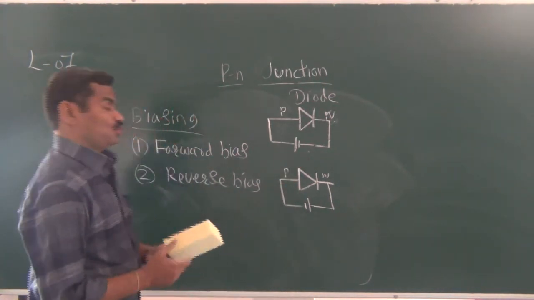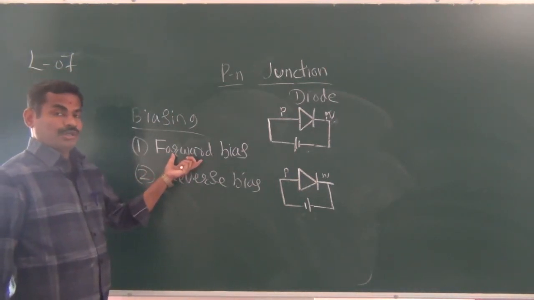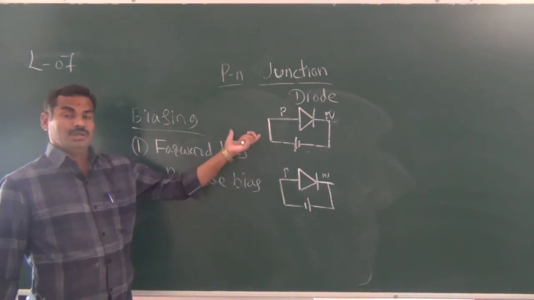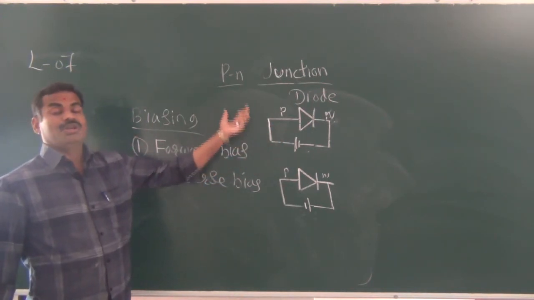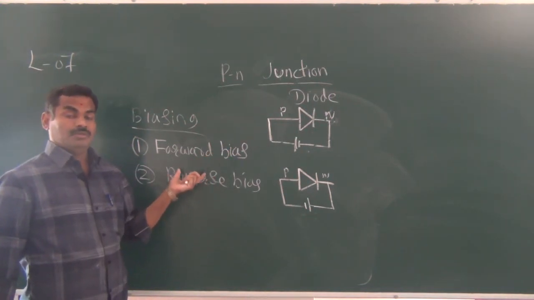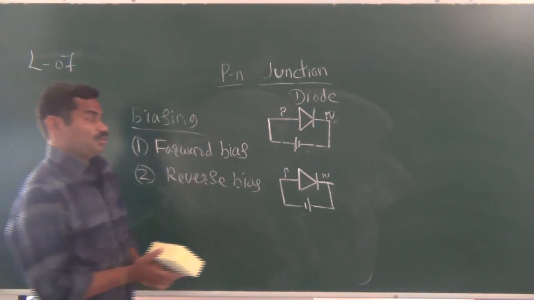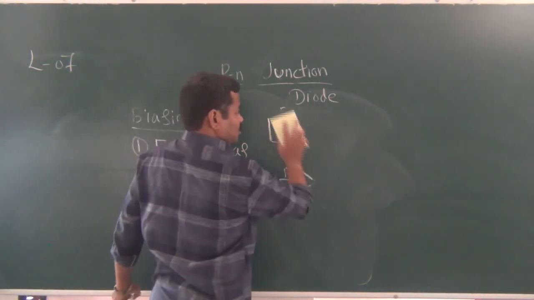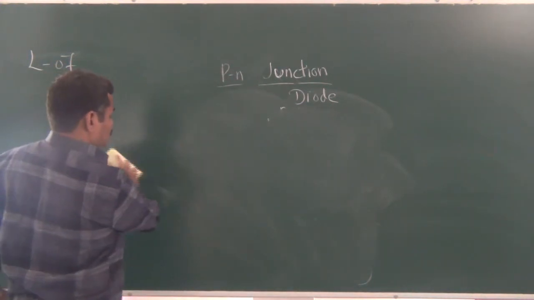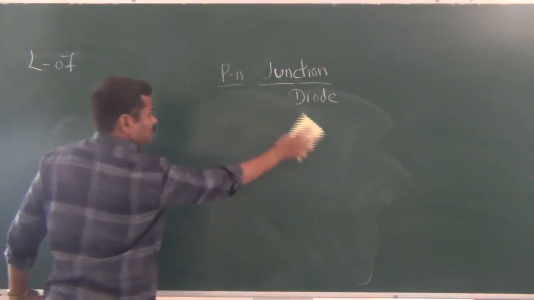Now we go for the most important thing. What is the effect of forward bias on the diode? If you apply the battery, or an external voltage, to the diode or the PN junction, what is the effect? This is very important for exam questions: explain the working of the diode, or the PN junction, in forward bias or in reverse bias.